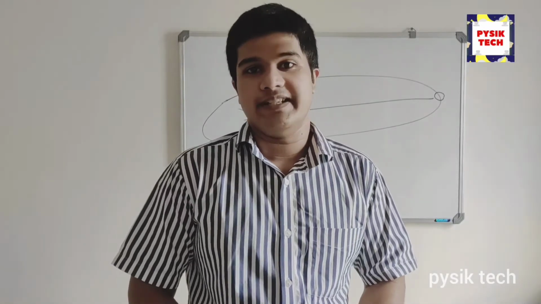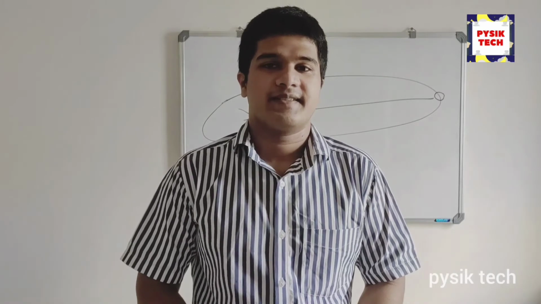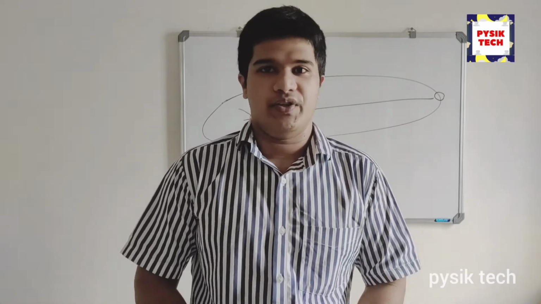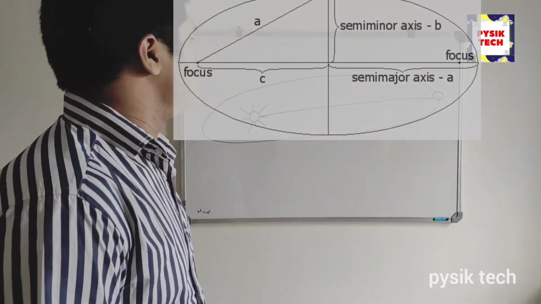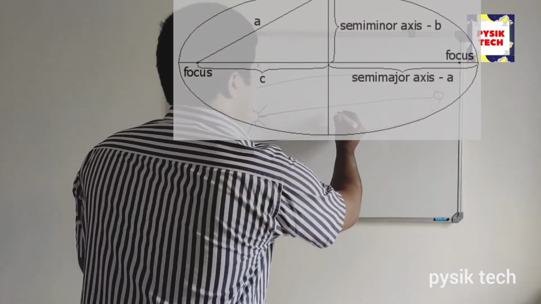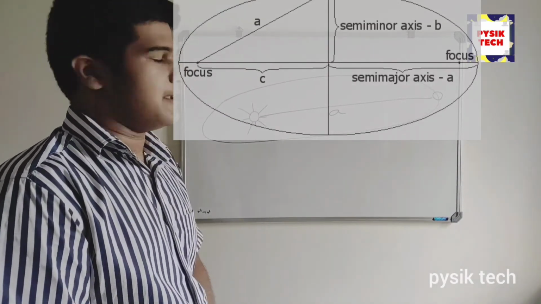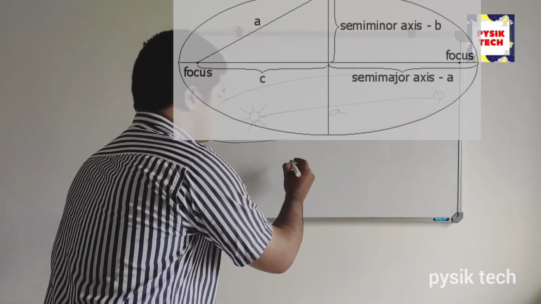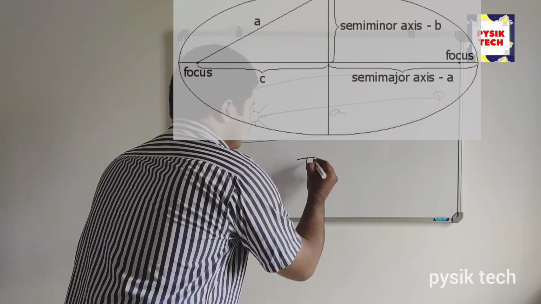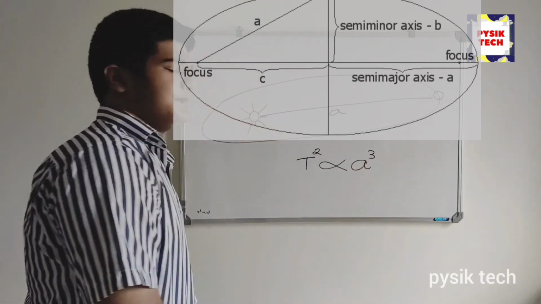Kepler's third law is known as the law of periods. What is the law of periods? From this picture, this is A, the semi-major axis. Then our equation will be T squared is proportional to A cubed.